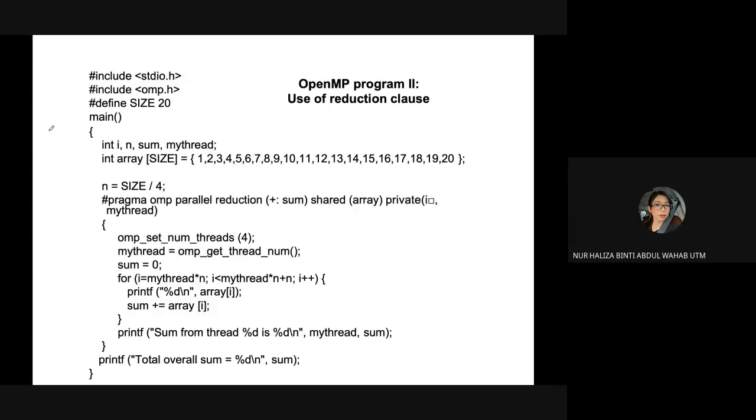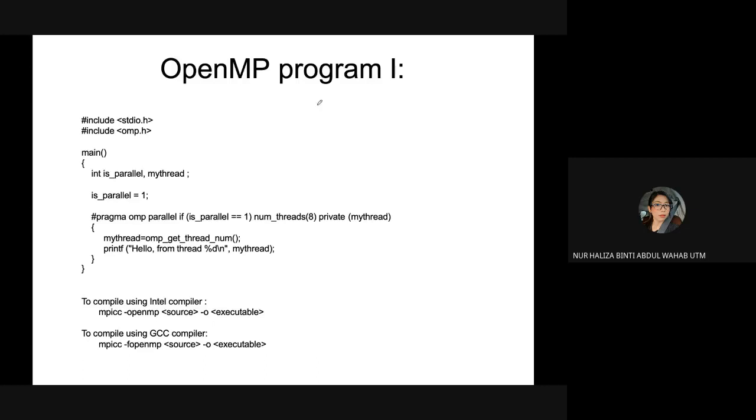So over here you can see we have an OpenMP program. Under our OpenMP program, we have several different kinds of pragma omp. Over here we are using pragma omp parallel. You can see pragma omp parallel applied in our program, and from here we want to compile and execute.